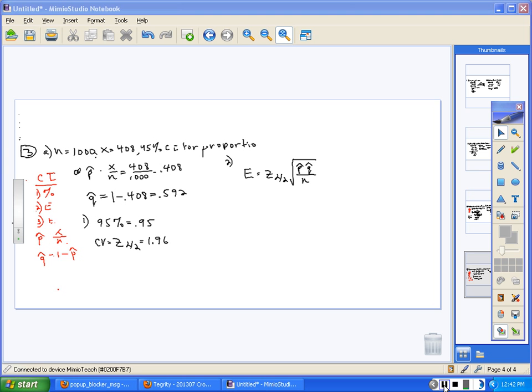Okay, so when we come over here for step 2, it's 1.96 times the square root of P hat, which is 0.408, times Q hat, which is 0.592, and that's all divided by N, which is 1,000.